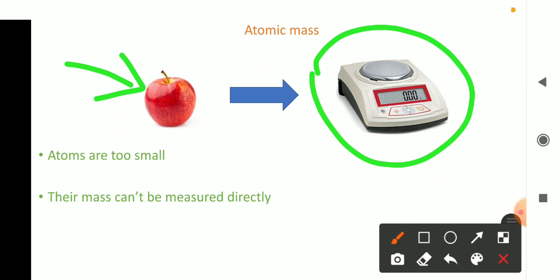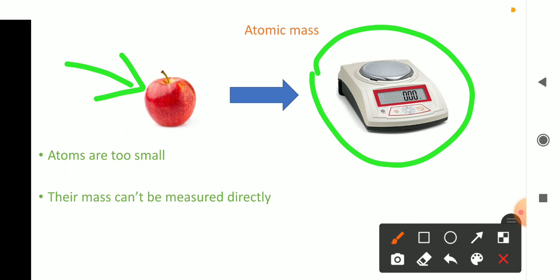Is it possible? No, it's not possible, because atoms are very tiny particles. We cannot even see them with our normal eyes, isn't it? So, for measuring the mass of an atom, we need a special method. Surely we have to study the mass of an atom, but we cannot measure it directly by using a weighing balance. So a special method is necessary in order to measure the mass of an atom.